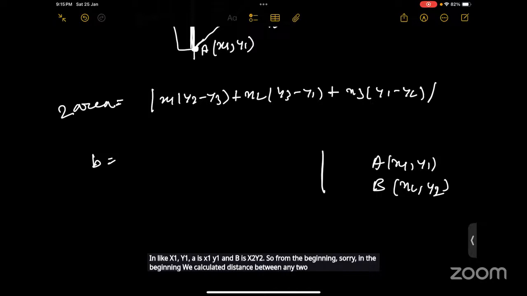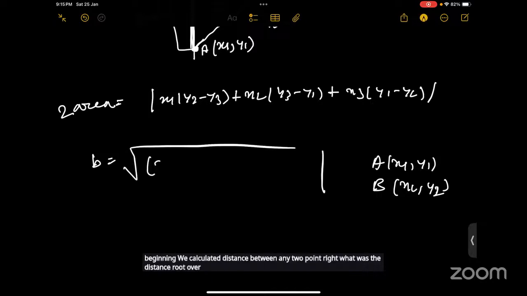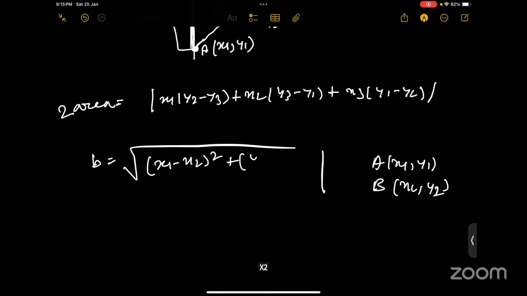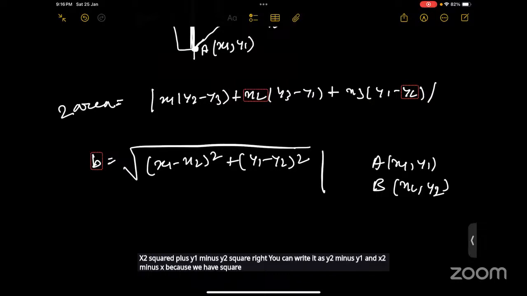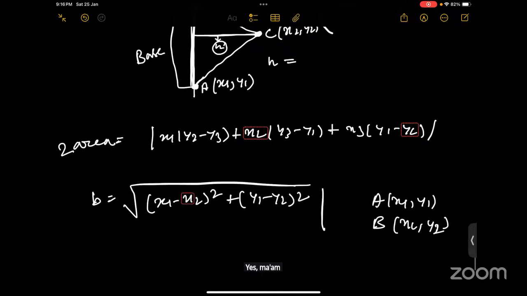What was the distance? Root over (x1 minus x2) square plus (y1 minus y2) square, right? You can write it as y2 minus y1 and x2 minus x1 because we have a square, so it doesn't matter anyways, right? Yes, ma'am. So this is the area and this is the base.